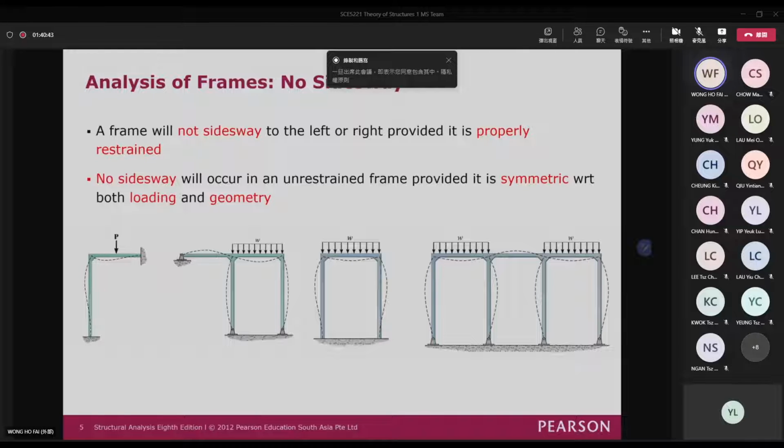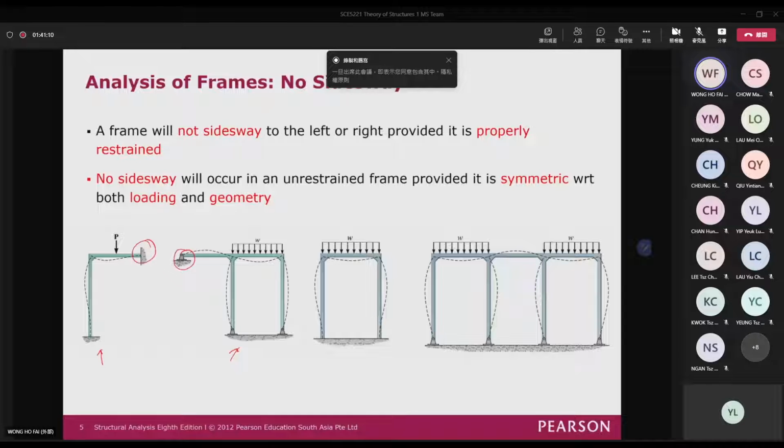So for the first two samples, there are supports to restrain the frame from deforming in the lateral direction, so they are frames without sideway, because they are restrained, which restricts the frame from deforming laterally.